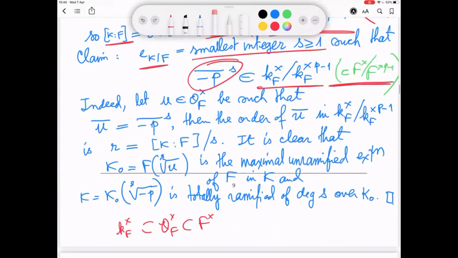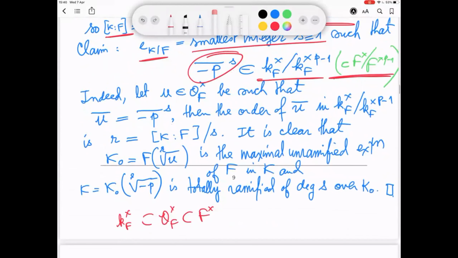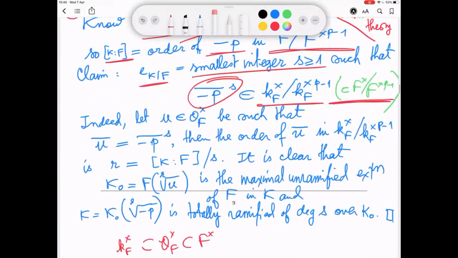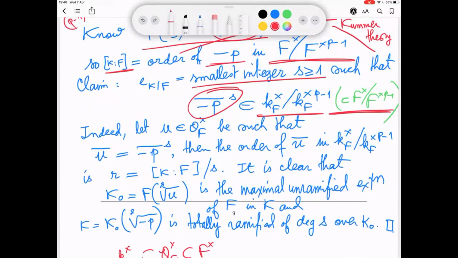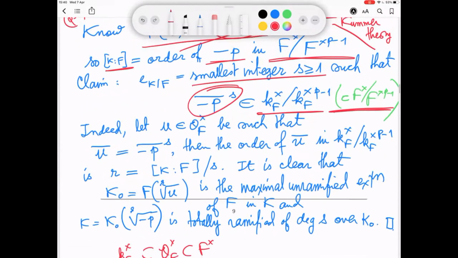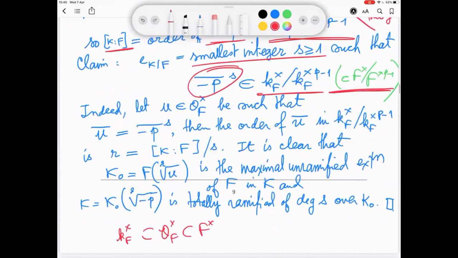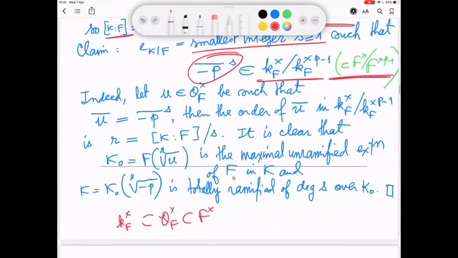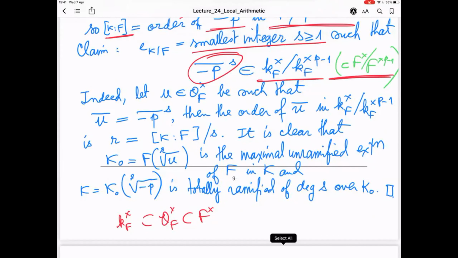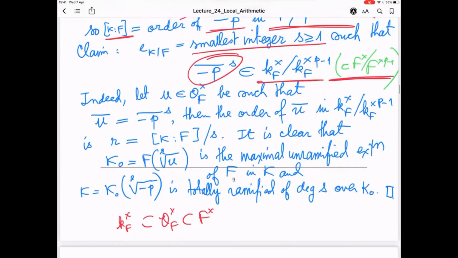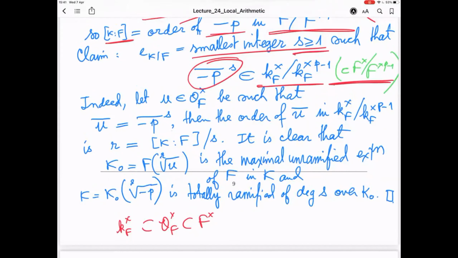So basically the ramification index E K over F is equal to the smallest integer S such that minus P bar to the power S is in this subgroup.